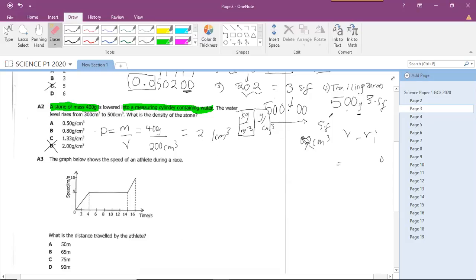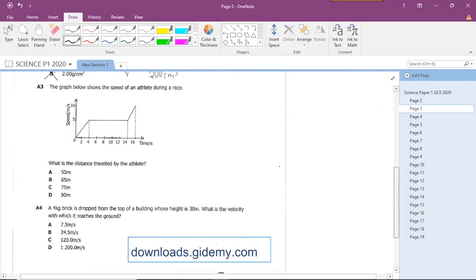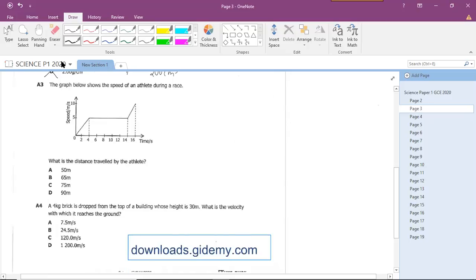It's saying A3 because it's in section A. If you take a look at question 3, it's actually something interesting because it's something we've done. Our last topic in physics before we started doing these past paper questions was motion graphs. As you can see, this is a speed-time graph because we have got speed on the y-axis and time on the x-axis.